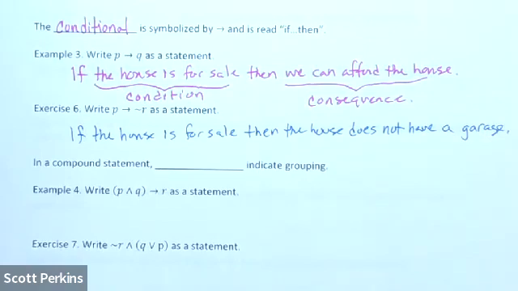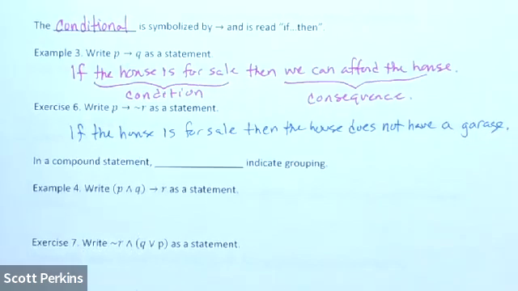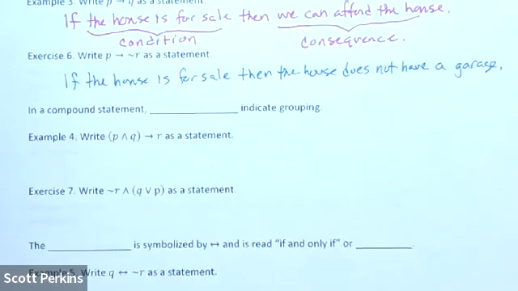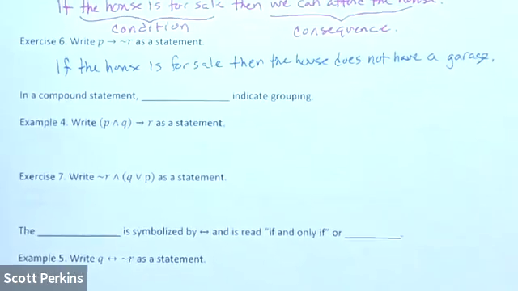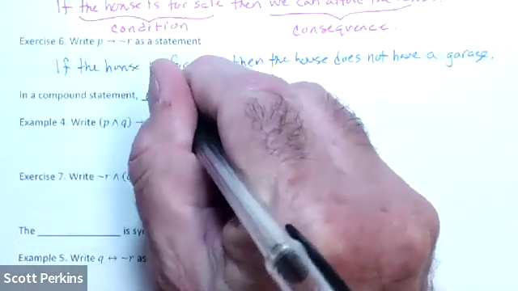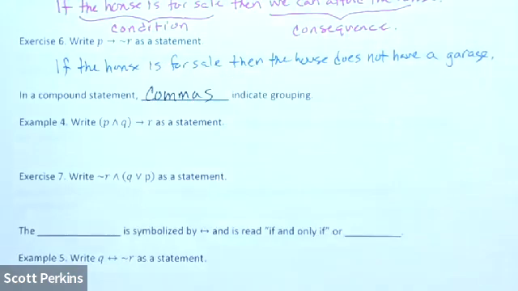Now, all of the compound statements that we have been working with up to this point have just involved 2 statements. But compound statements can have more statements. If you've got a lot of statements, you're going to have to identify which ones go together. Linguistically, in our grammar, the way we do this in a compound statement is that commas indicate grouping.